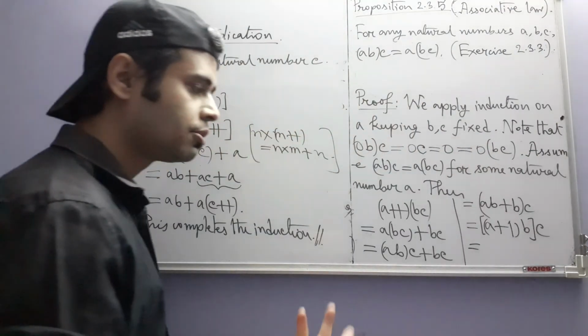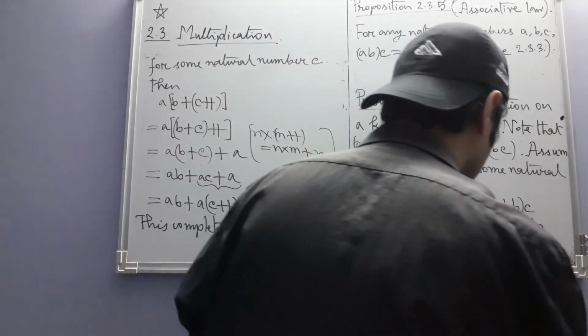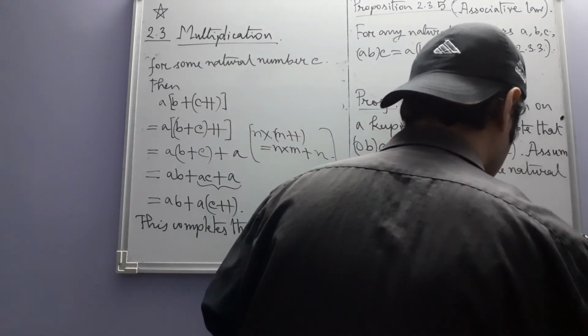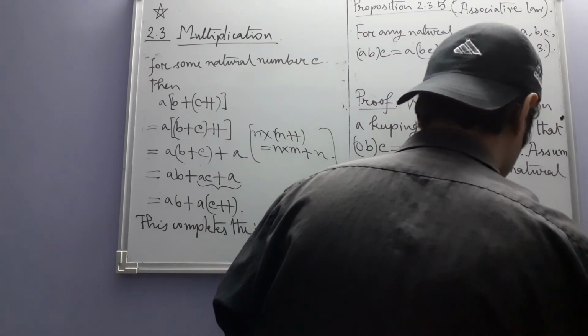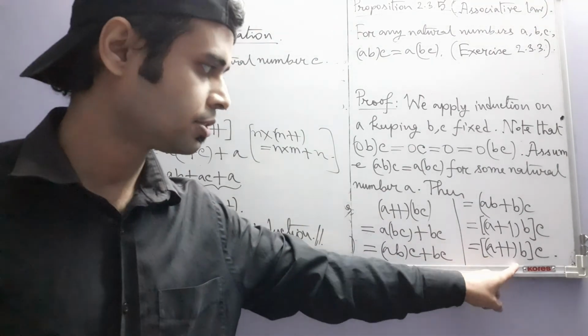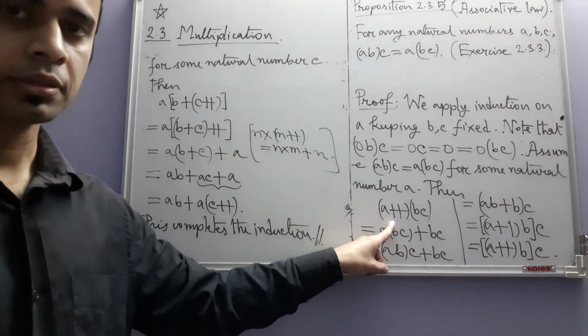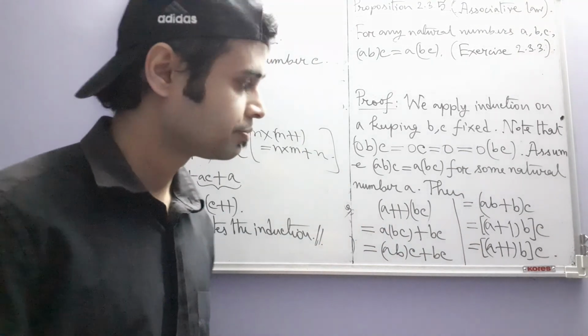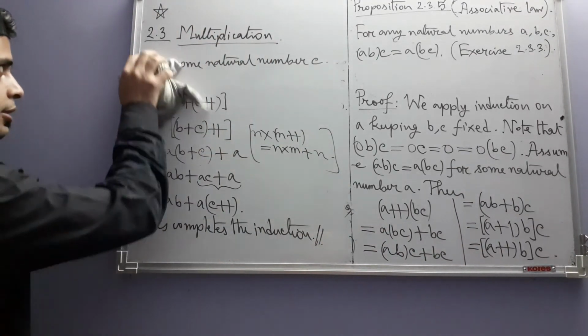Now, we already know that A plus 1 is the successor of A. So this is just the associative law when we have the successor of A in place of A. So this completes the induction and the proof.